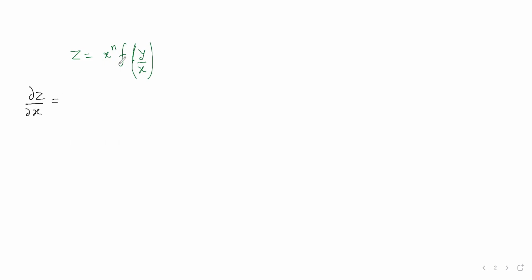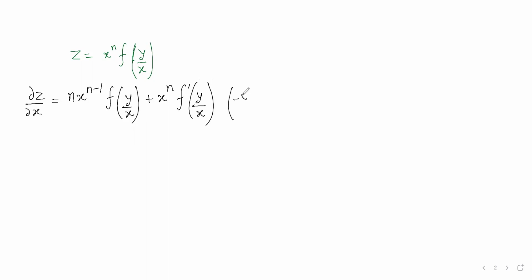First we differentiate the first quantity, n x to the power n minus 1, and the second quantity remains the same. Then we differentiate the second quantity, which gives f dash of y by x times minus y by x squared, because here we take y as constant.